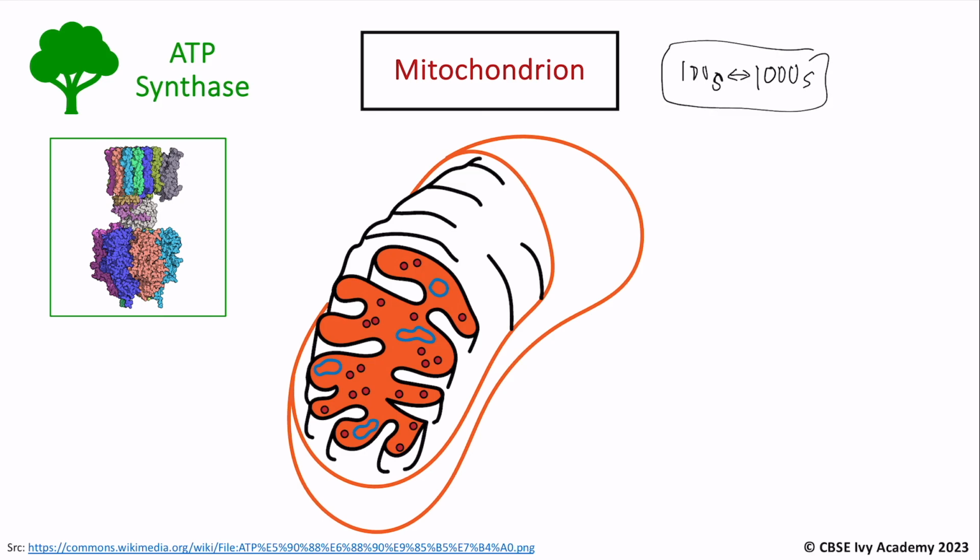Okay. In the mitochondria, you have two membranes that enclose it, and they're both phospholipid bilayers with a unique collection of proteins.